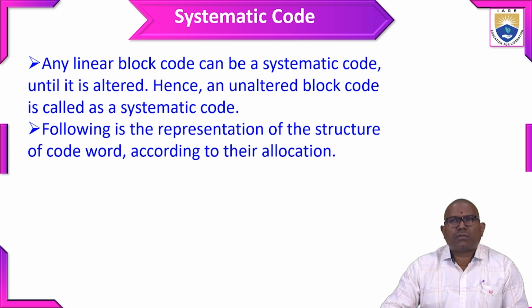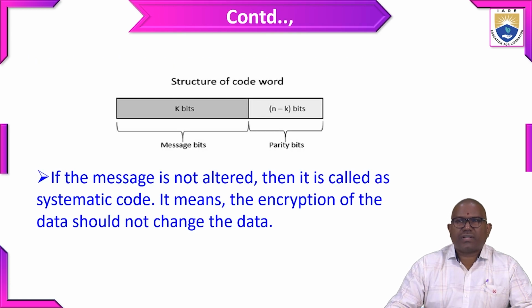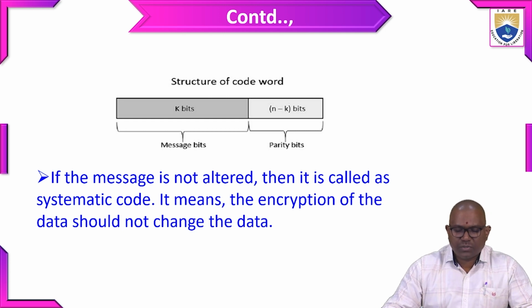Any linear block code can be a systematic code until it is altered. Hence, an unaltered block code is called a systematic code. Following is the representation of the structure of a code word according to their allocation. Here you can see n minus k parity bits and k message bits. Encoding of the data should not change the data.